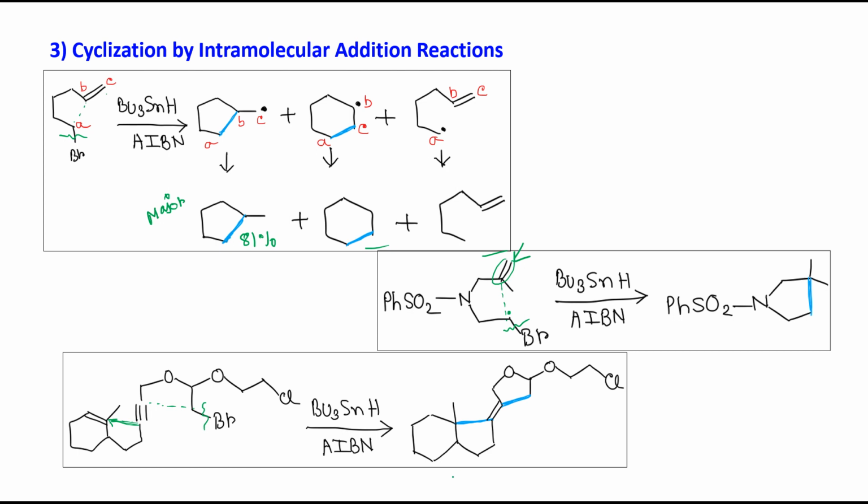The two newly generated carbon-carbon bonds you can see on the product side in blue color. Finally this C=C bond will also be broken, and there will be addition of this hydrogen, which comes in the final step from Bu3SnH. So these are the three reactions under addition.